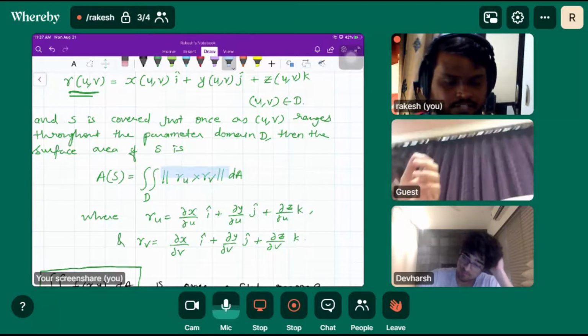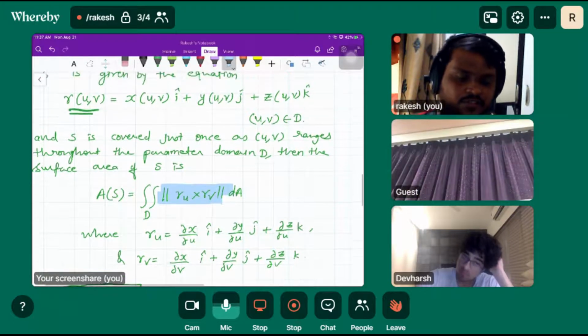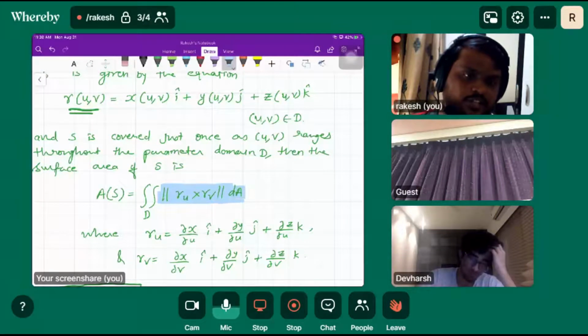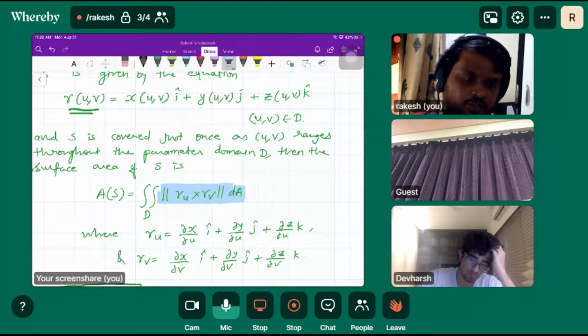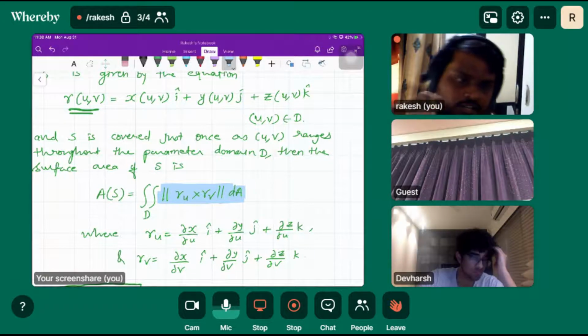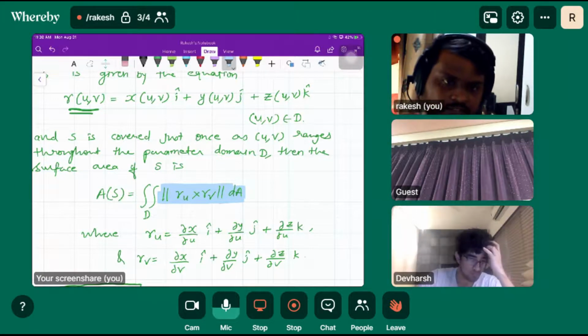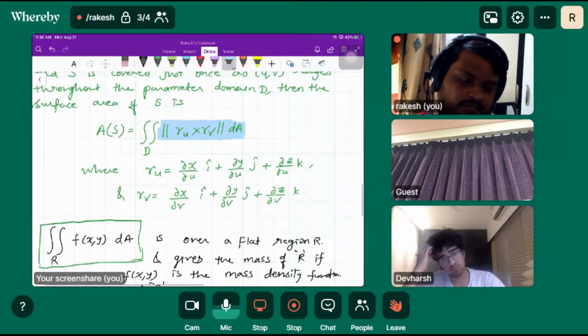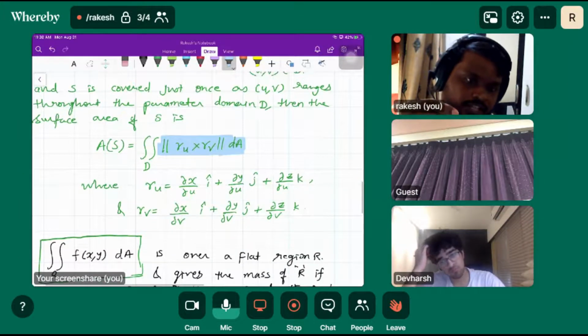What is this basically? The S is being converted into dA here. ds is being converted into dA, right? So what is Ru cross Rv? That's the vector product, right? And if you apply the vector product, we'll find the magnitude of the vector product. Are you getting that?